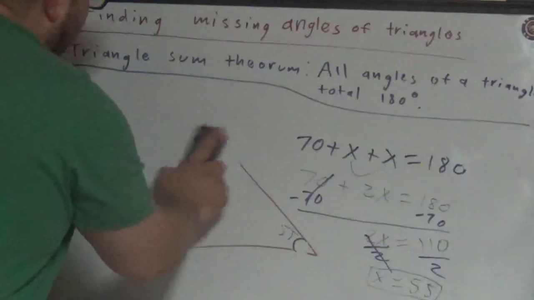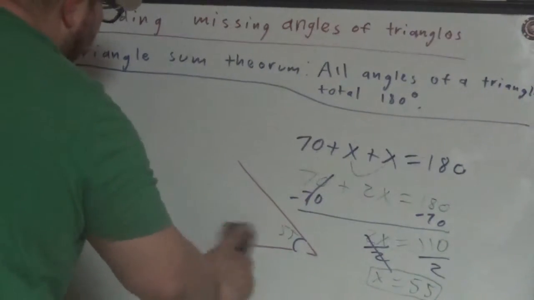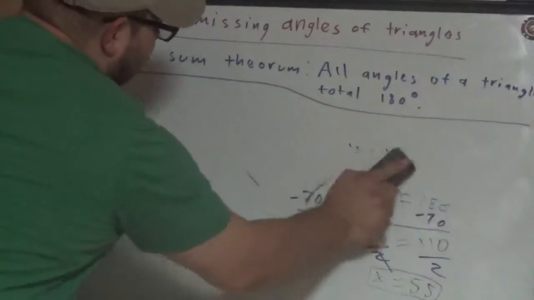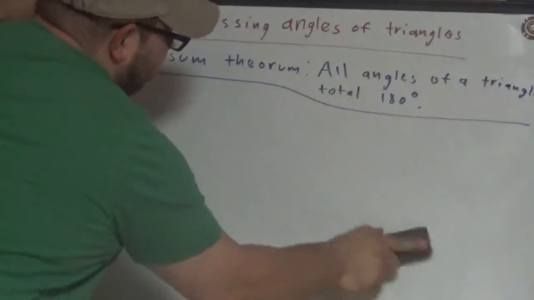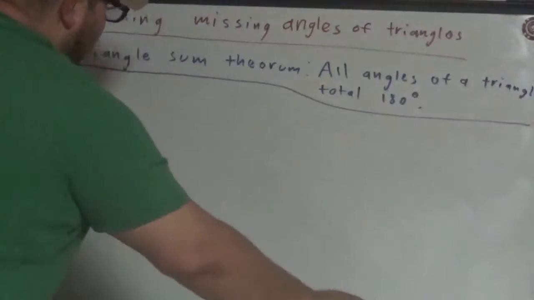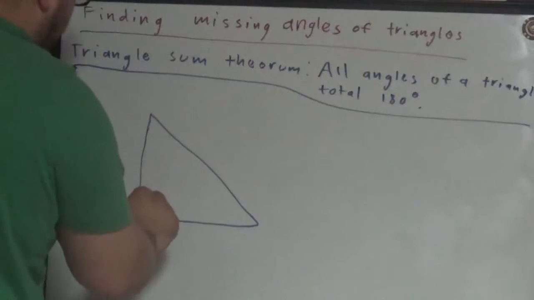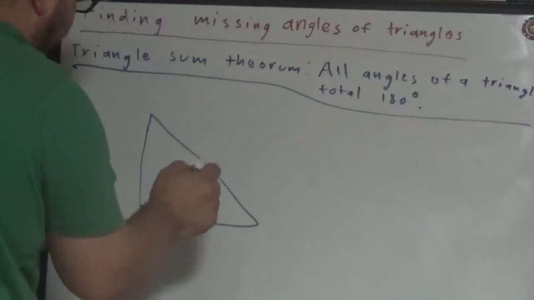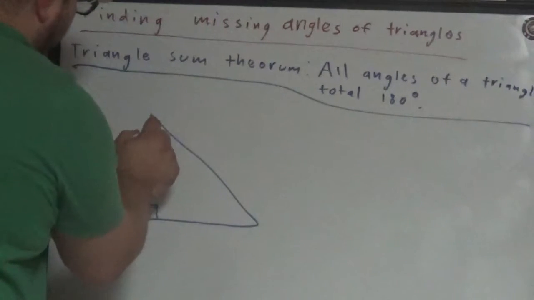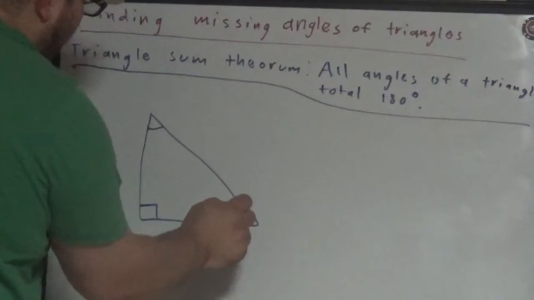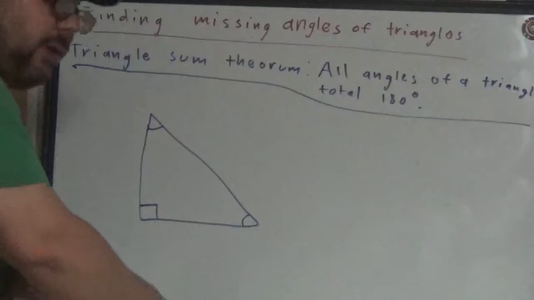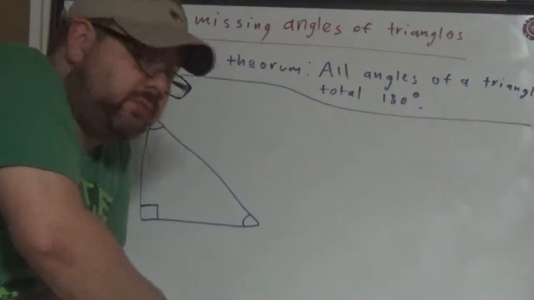So I'll do one more. This time I will erase my triangle because I'm going to draw a right triangle. Okay. So let's do a right triangle now. I don't have any numbers on this one.